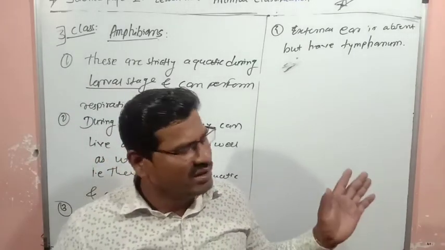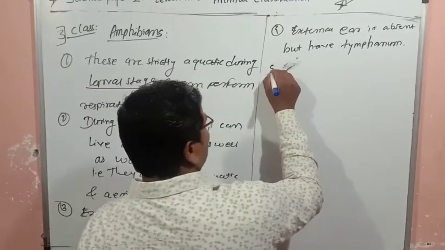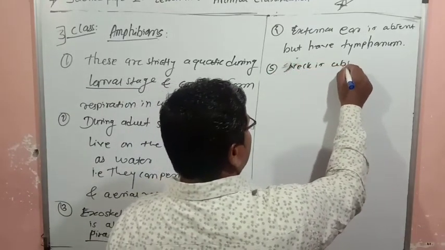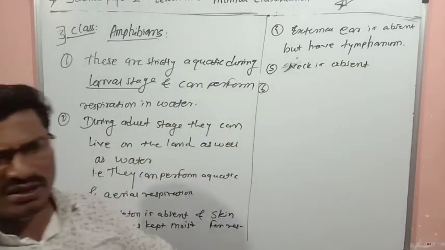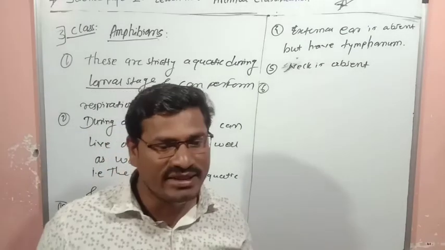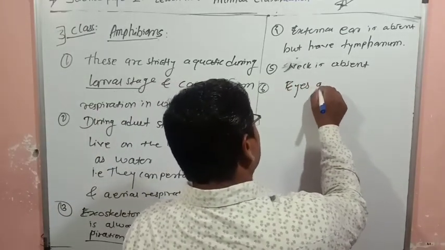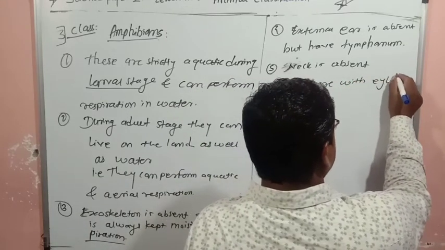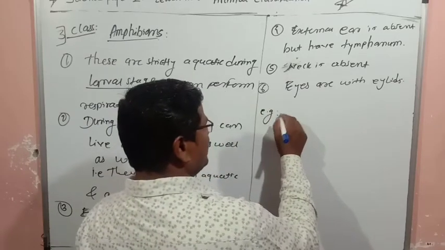Fifth one is, neck is absent. Sixth characteristic, what is the sixth characteristic? Eyes are with eyelids. They have eyelids. And examples are there. Frog.